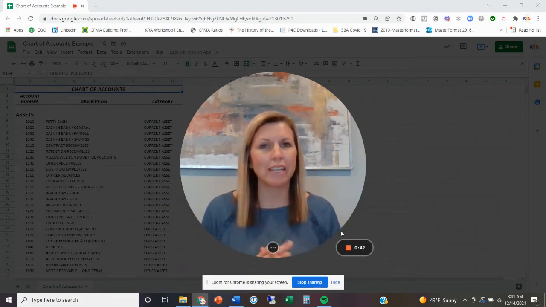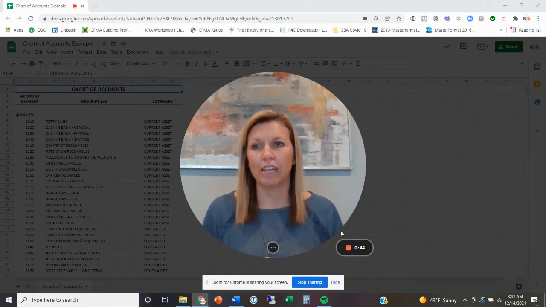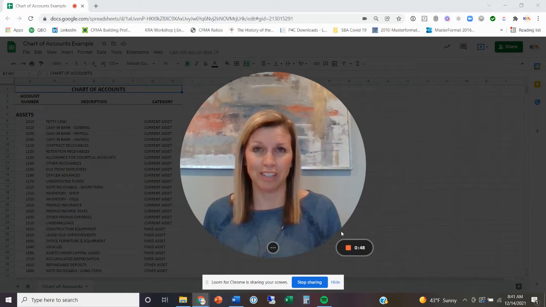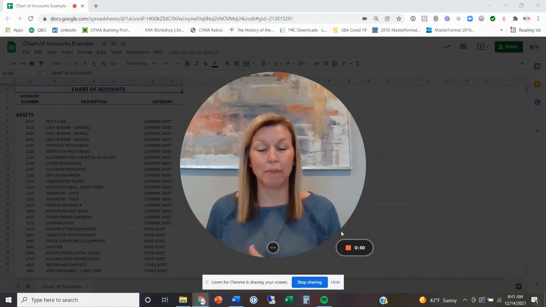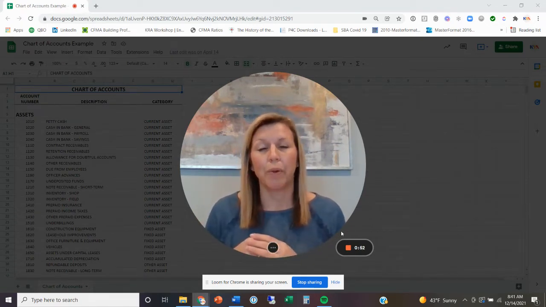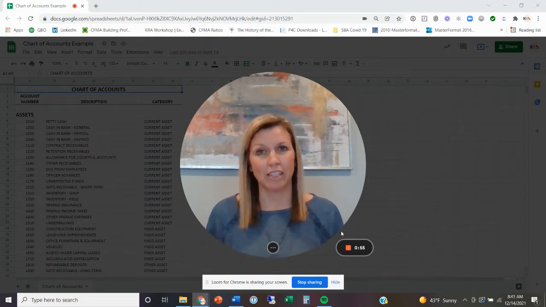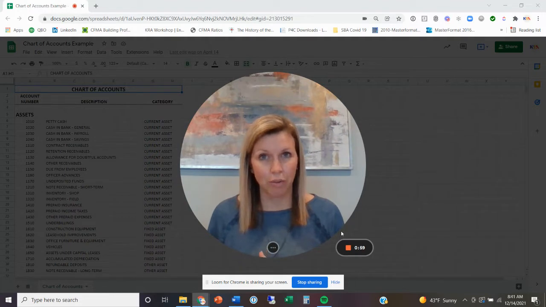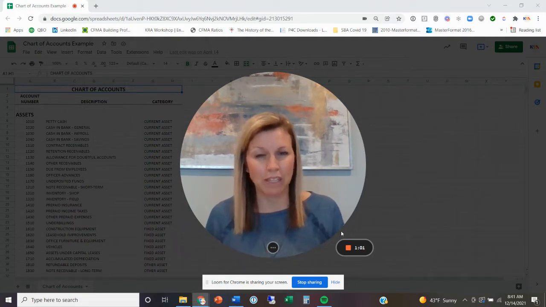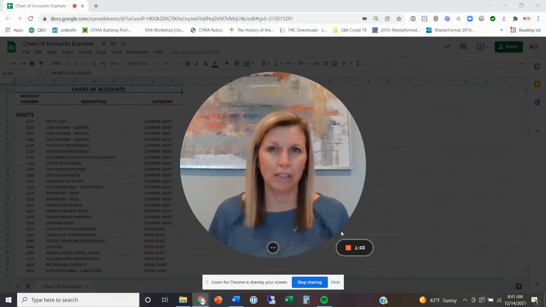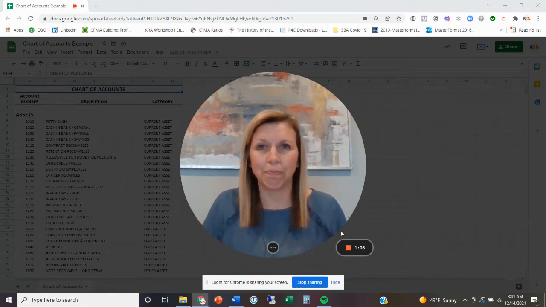So some of the key things about the chart of accounts is in the cost of sales categories and the expenses as a whole. So we break out costs into 3 different categories. And you have direct costs, which are typically in that 5,000 GL code range, depending on how your books are set up.